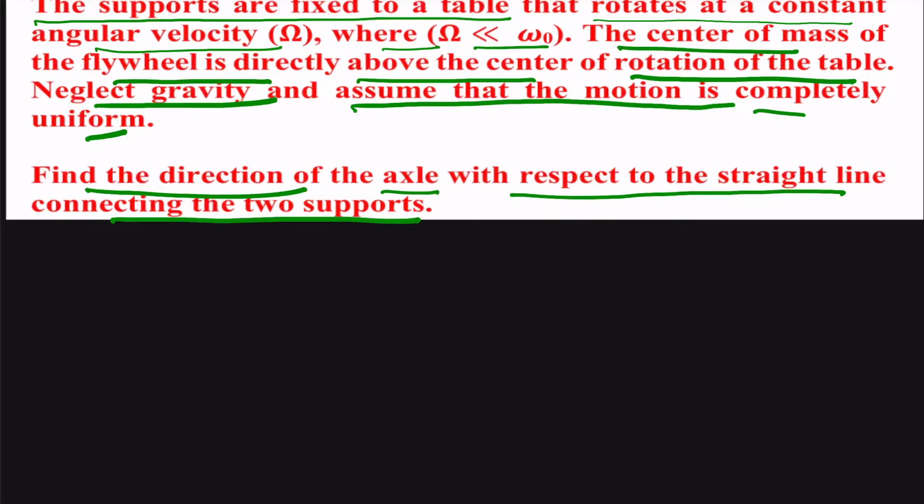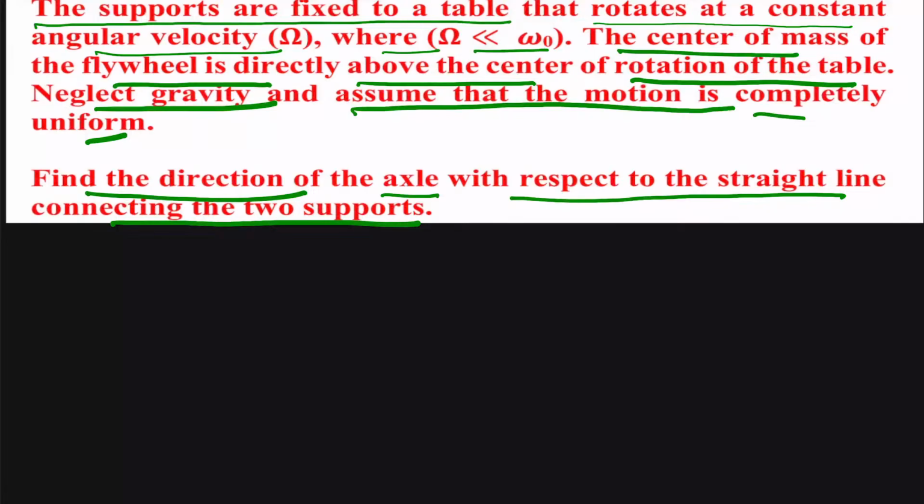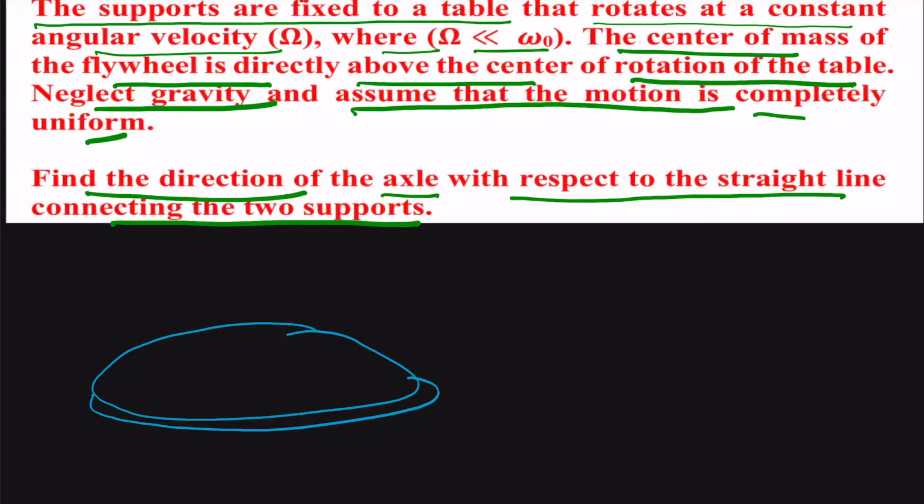So first of all, let's draw the approximate figure. We are given that there is a table, on which we have connected this entire system. So we can just draw a table, and there are two supports.